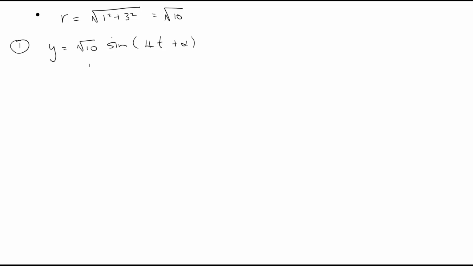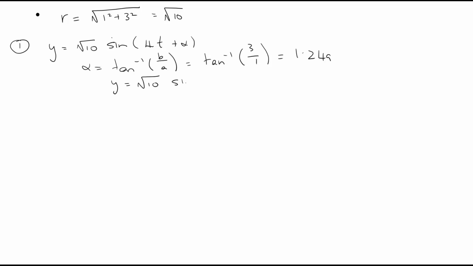And in that case, alpha is equal to tan inverse of b over a. And if you look at the preceding slide, that says that that is tan inverse of 3 over 1. So alpha is equal to 1.249. So we can write y equals square root of 10 sin 4t plus 1.249, remembering this is in radians.